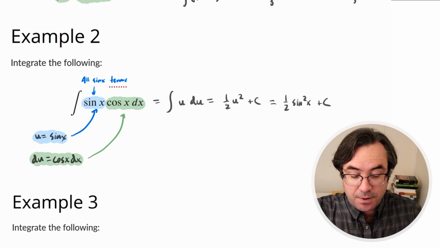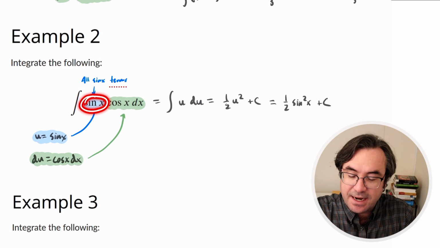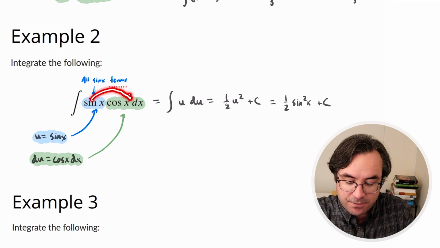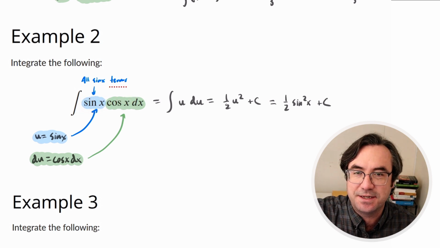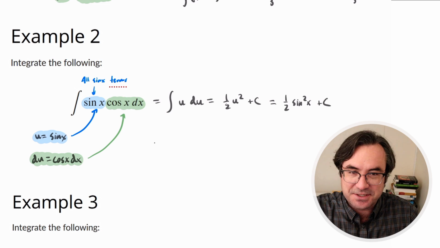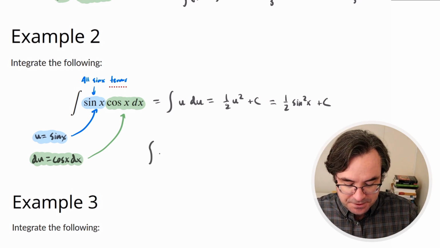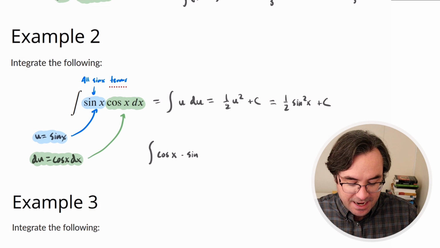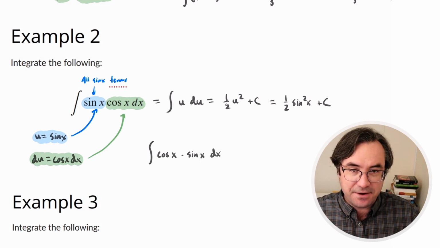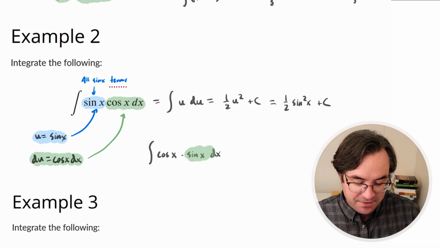Now you could have done this one the other way. So I could have said, well, my sine x is odd, so I could have rearranged the terms and moved that next to the differential. So as practice, let's just see how that would look. So let's suppose that we rearrange this, and I move the sine x next to my differential. All right, so now I'm going to save that one for later.